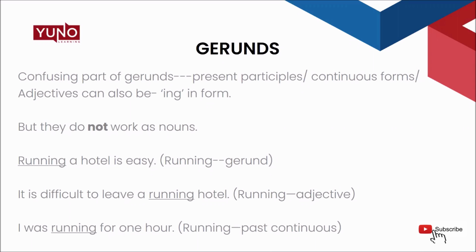So what usually happens is that people confuse gerunds with all these word forms, but the main difference between all these participles, continuous forms, and adjectives is that they can never function as nouns, and gerunds can function only as nouns. So that is the most fundamental difference between gerunds and the other word forms which end with ing.